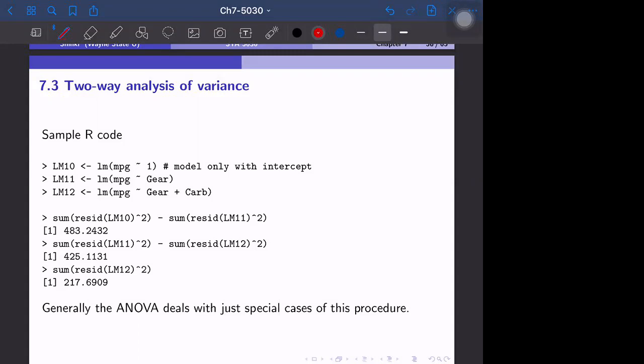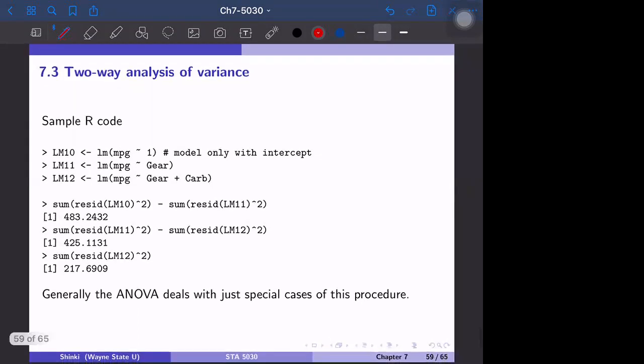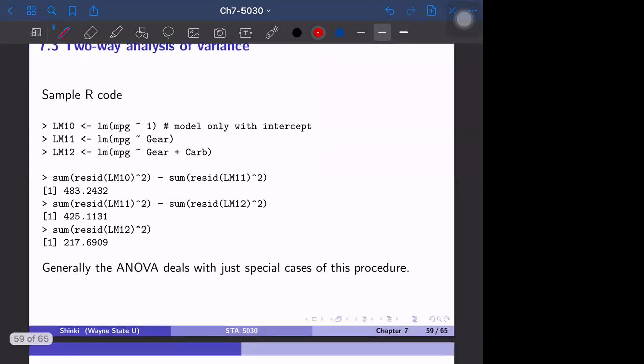After we finish multiple linear regression in chapter 11, you will see that chapter 7 is a special case of chapter 11, linear regression. This is another way to generate the ANOVA table. If you fit the three linear models and calculate the sum of squared residuals, then we can get these numbers, so we can replicate the results exactly.